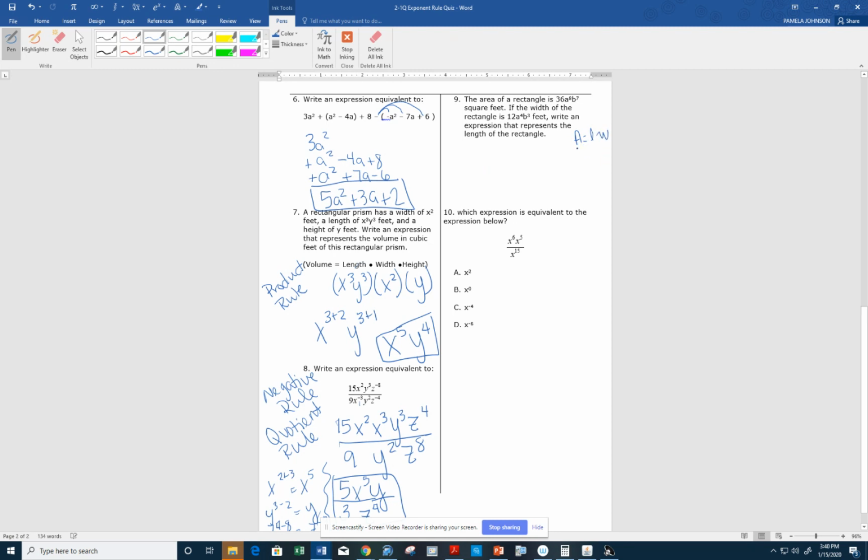So if I'm given the area and the width, and I'm looking for the length, area divided by width equals our length. So I'm going to take the information I know: my area is 36a to the 8th b to the 7th, divided by 12a to the 4th b to the 3rd. Now I'm going to use my quotient rule.